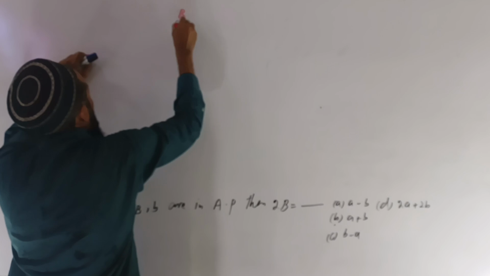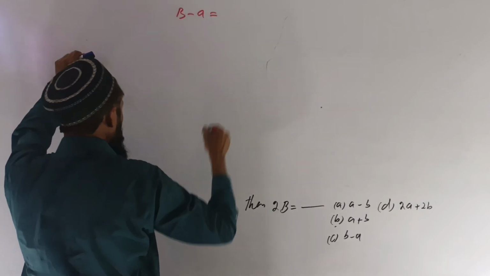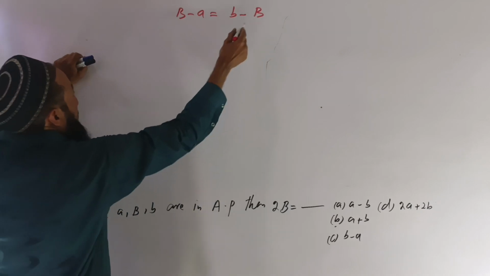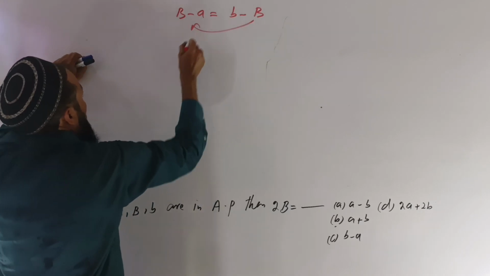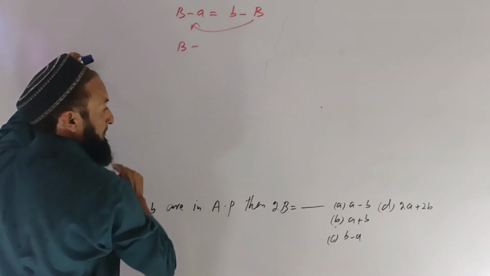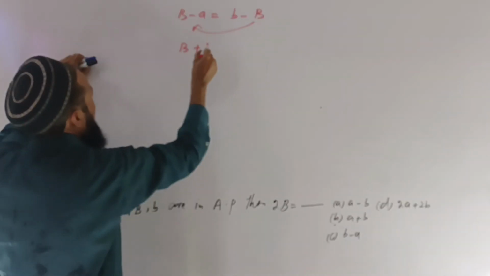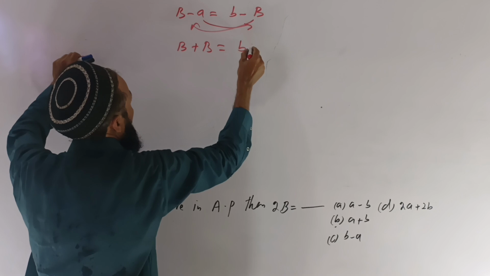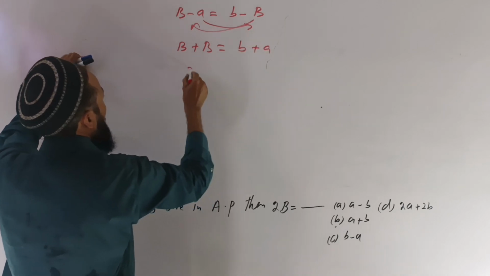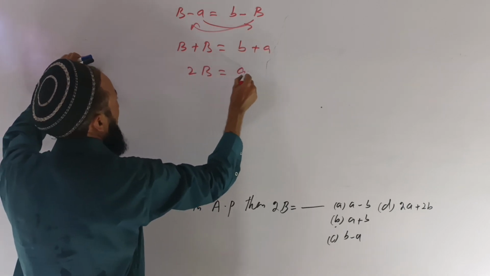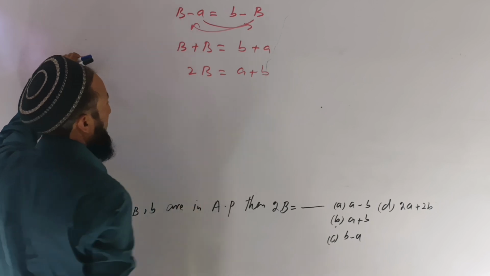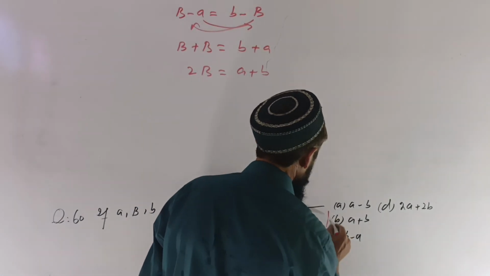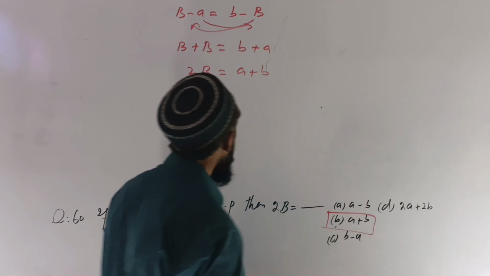So B minus A is equal to C minus B. We change this value here, so B plus B is equal to A plus C, so 2B is equal to A plus C. Here the option is A plus C, so B is the correct option.